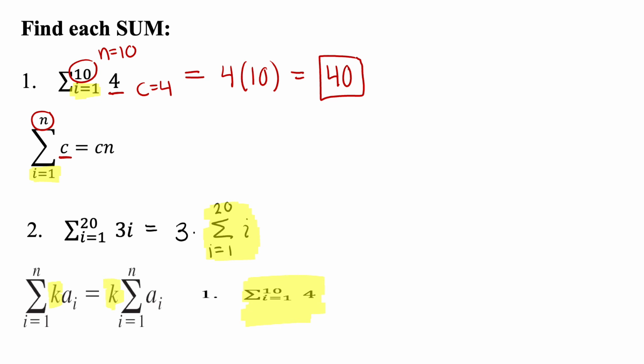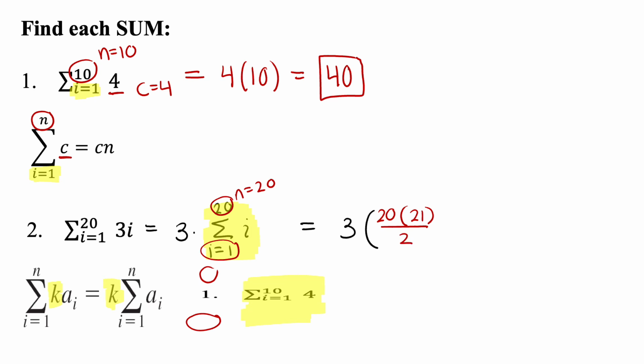So again, just a quick visual scan to make sure we're starting at i equals 1, which we are. That makes our n value equal to 20 in this case. So we can bring our 3 with us, and then finding that sum, the formula says this is going to be equal to n, which is 20, times n plus 1, so 20 plus 1 is 21, all over 2.